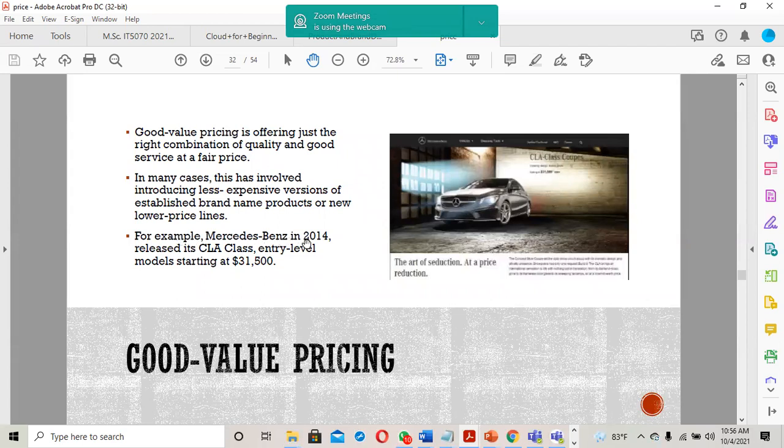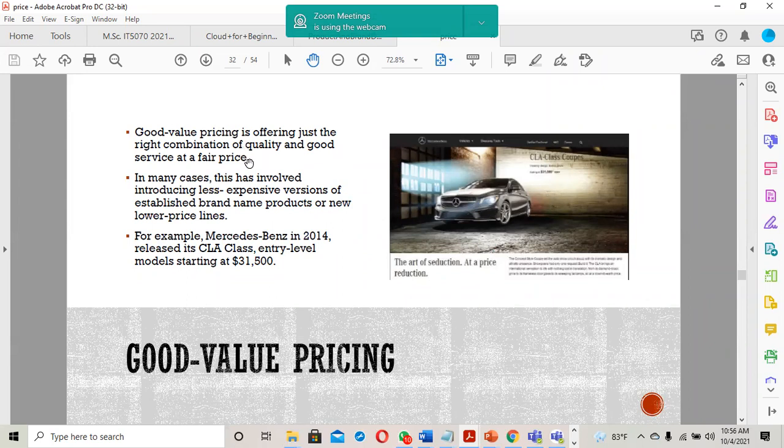For example, in 2014 Mercedes-Benz released CLA class entry-level models starting at $31,500. So this is kind of a low-end category, quite affordable, but still above average. So that is good value pricing.